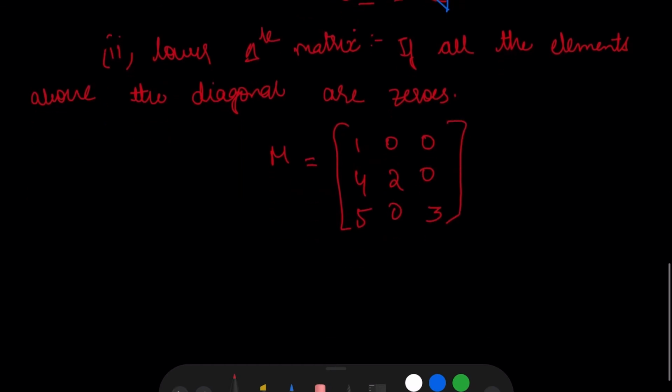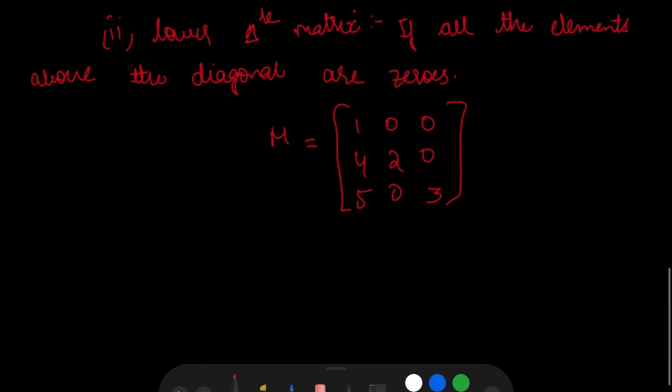So as the definition says, all the elements above the diagonal are equal to zeros. Since it forms a triangular matrix and all the elements present above the diagonal are zeros, these types of matrices are called lower triangular matrices, right?